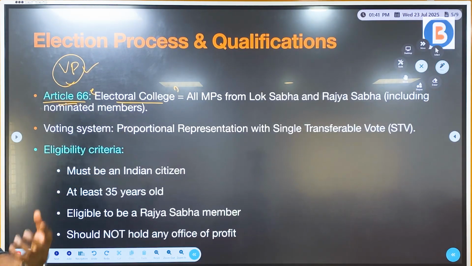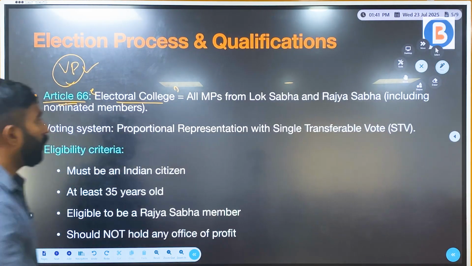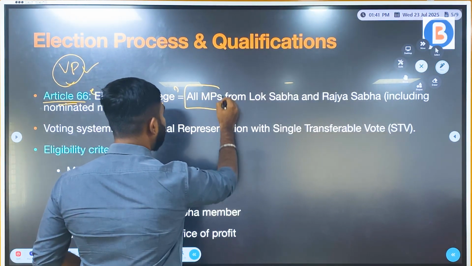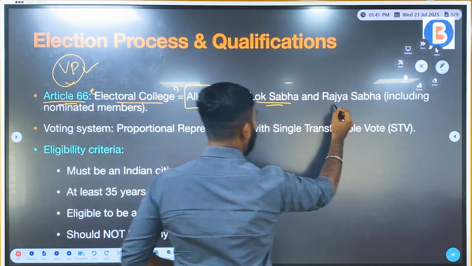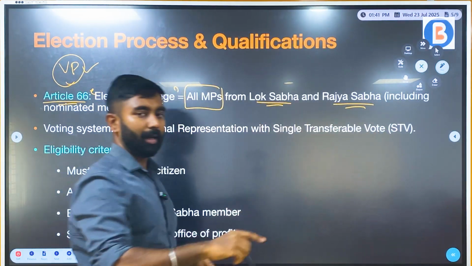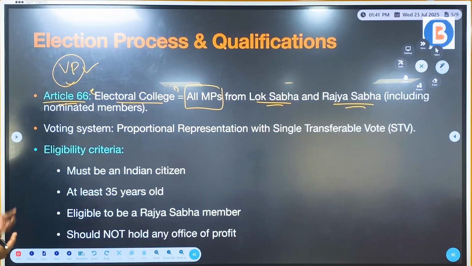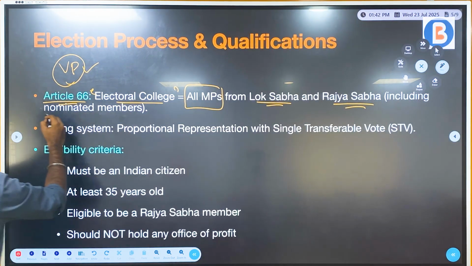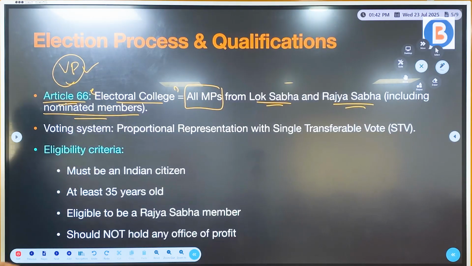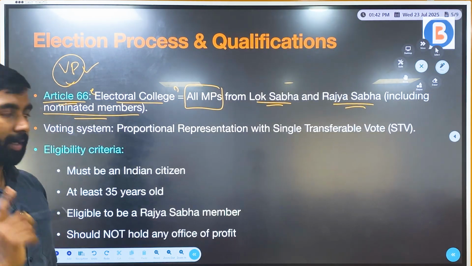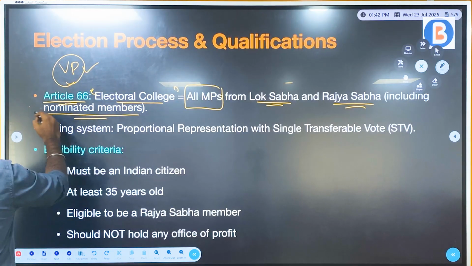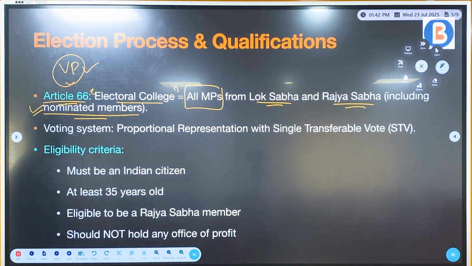All the members of Parliament from the Lok Sabha and the Rajya Sabha get to vote, including the nominated members. This is important because in the election of the President, nominated members do not get the opportunity to vote.